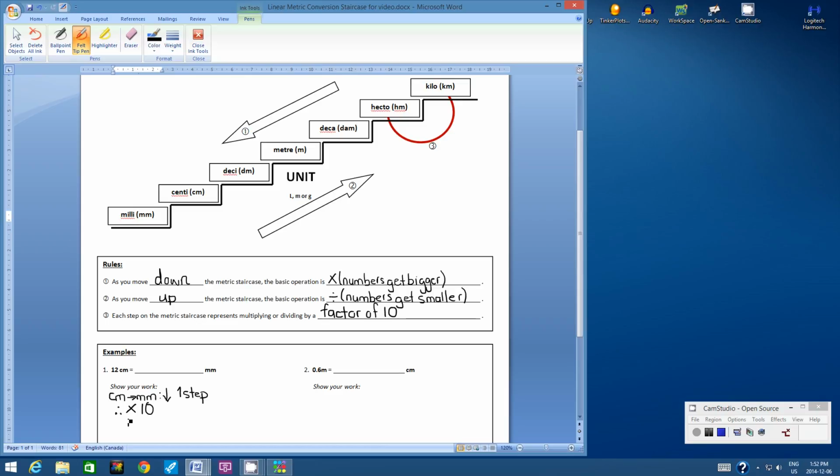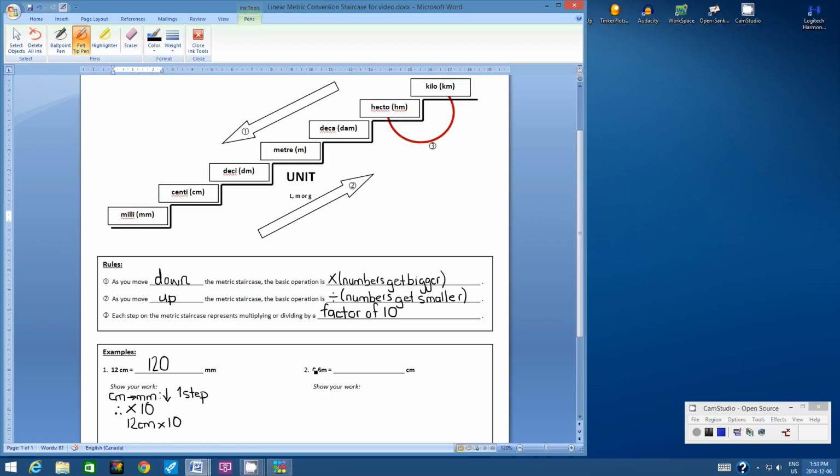So we take 12 centimeters and we multiply it by 10. Early in the year, we learned how to multiply and divide very quickly by factors of 10. If we're multiplying by 10, we simply move the decimal place 1 place to the right, so we end up with 120 millimeters. 12 centimeters equals 120 millimeters.